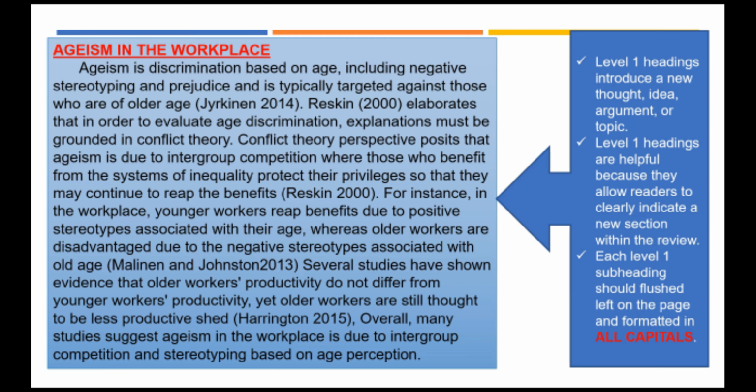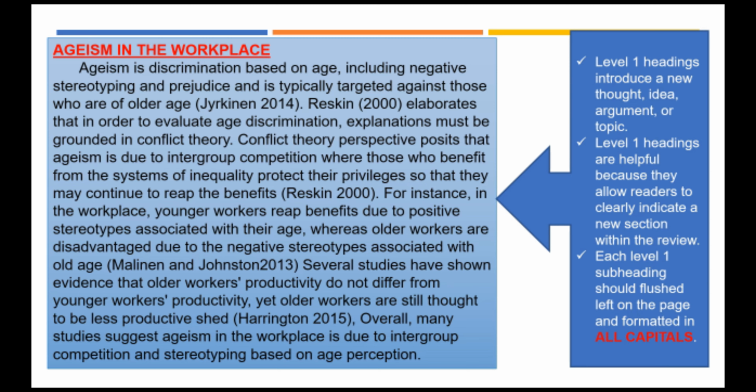Usually when we are making new headings or adding new thoughts, I highlighted them in red and underlined them so that we could clearly see what level 1 headings are.